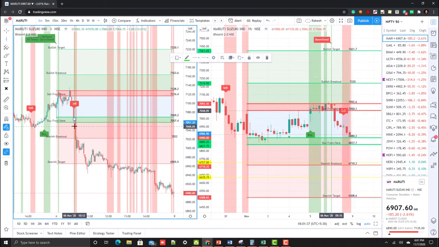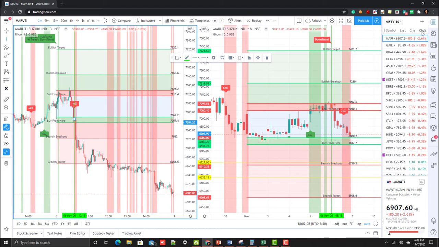So this confirms the trend, and whenever there is a breakdown, it enters into a supply zone just below sell from here, and the stock is definitely bearish here, and you can trade for your target 1 and target 2 here. The stock fell down further here, right, which clearly shows in a higher time frame that there is a possibility of the stock reaching 6880.2, right? So that's how you will take multiple time frame confirmations.